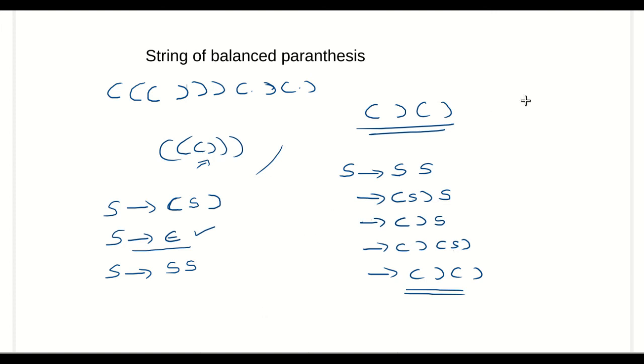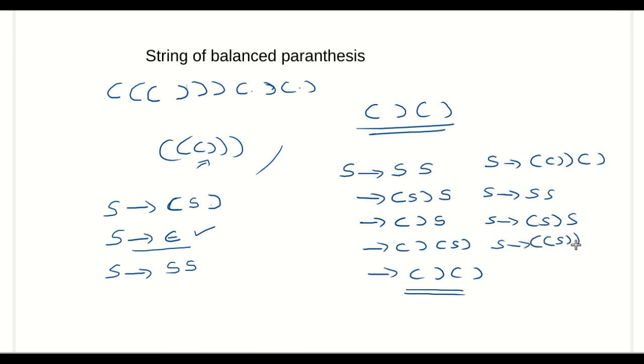Suppose you wish to generate a string like opening bracket closing bracket, then an opening bracket closing bracket, then we can write S gives SS. Okay, and you replace this S as S gives opening S closing, and then again replace this S using this production, S gives SS.